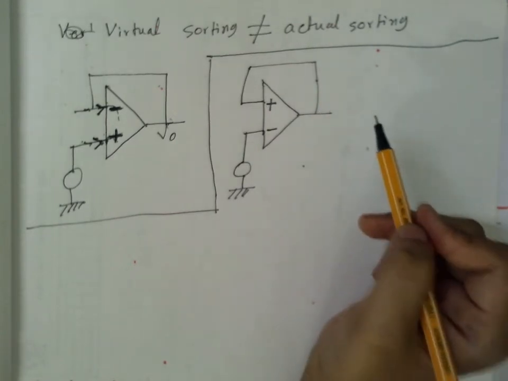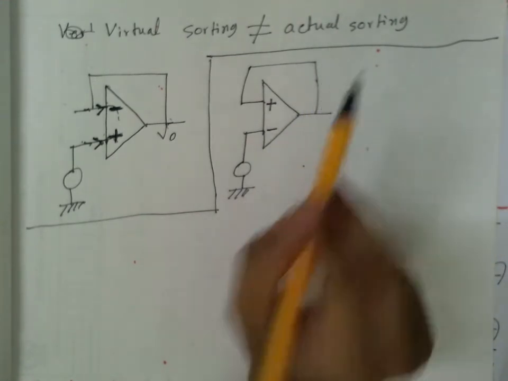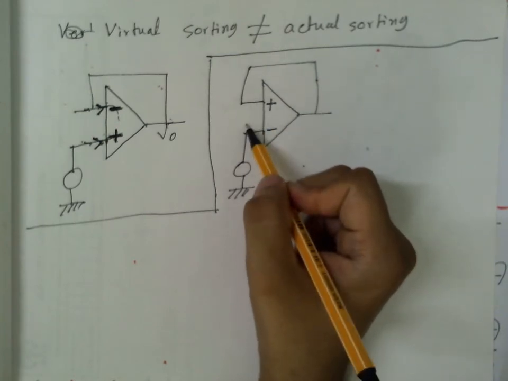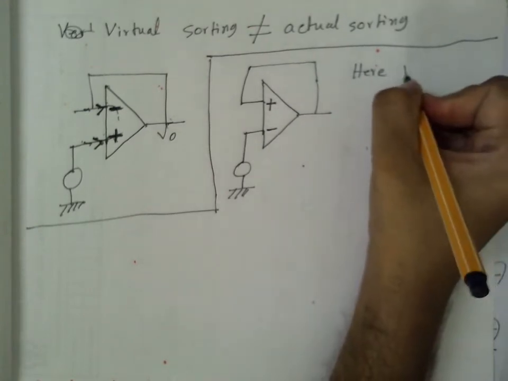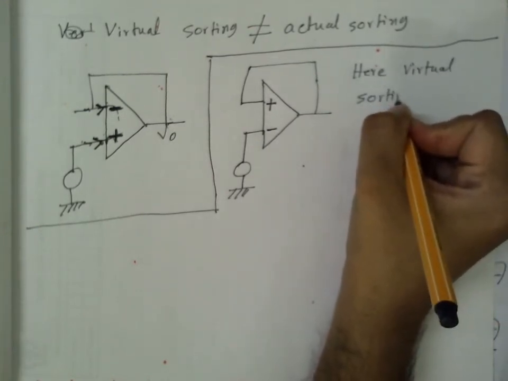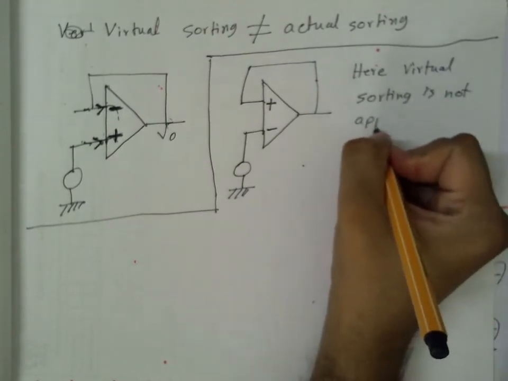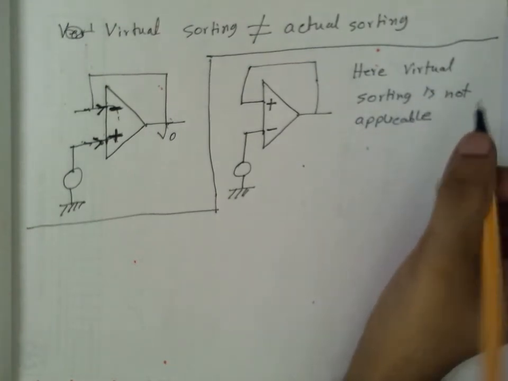So in this case, think of it, these two terminals will not have the same potential. So here virtual shorting is not applicable. Why?